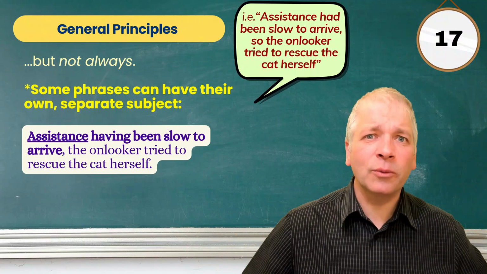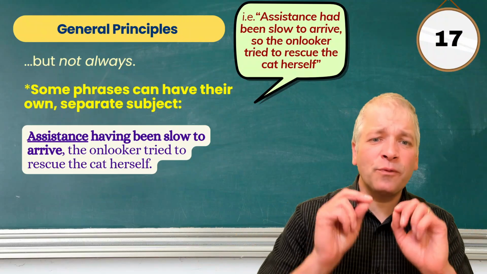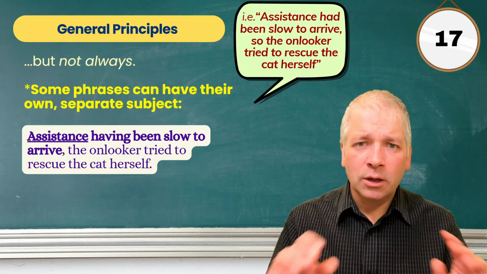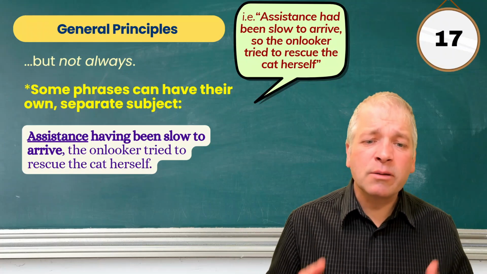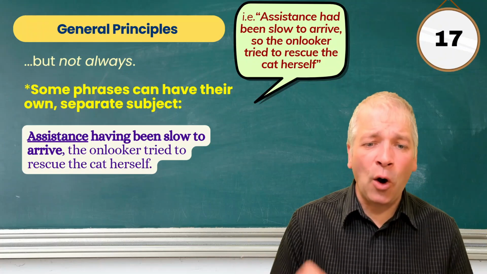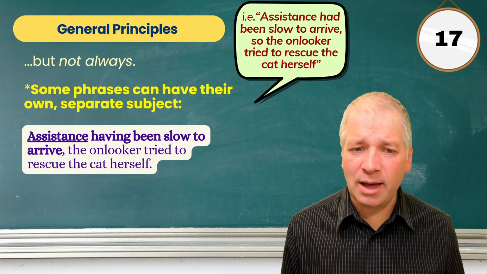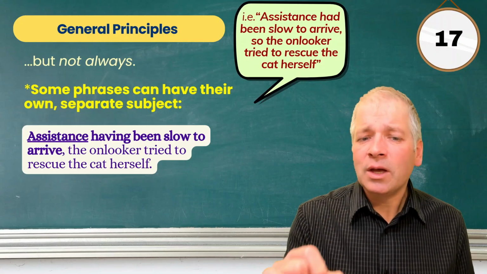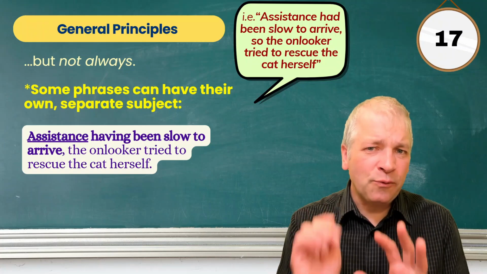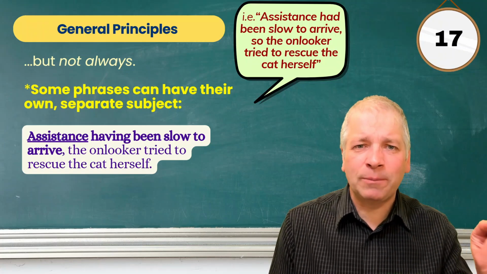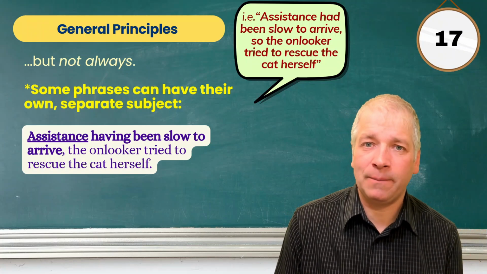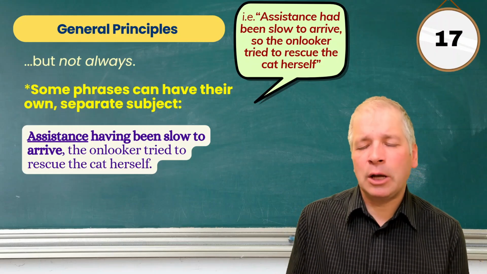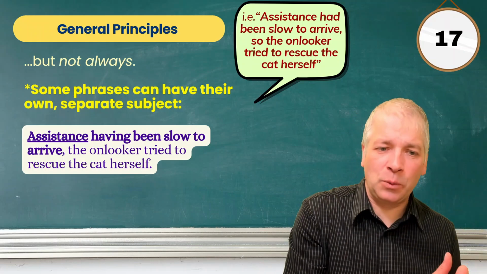And in some situations, the participle phrase has its own separate subject. Look at the example here. Assistance having been slow to arrive, the onlooker tried to rescue the cat herself. Having been slow to arrive, well, this is the participle phrase, but we've added on a subject beforehand, assistance here. And this is actually what having been slow to arrive refers to.